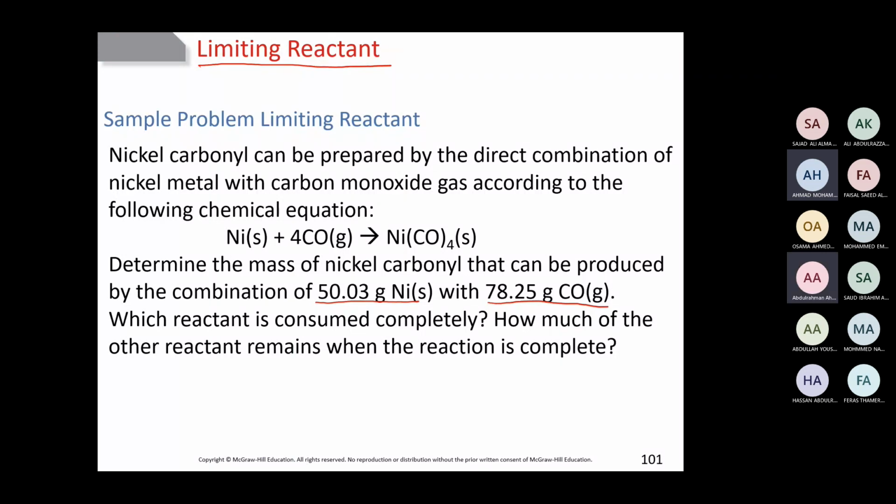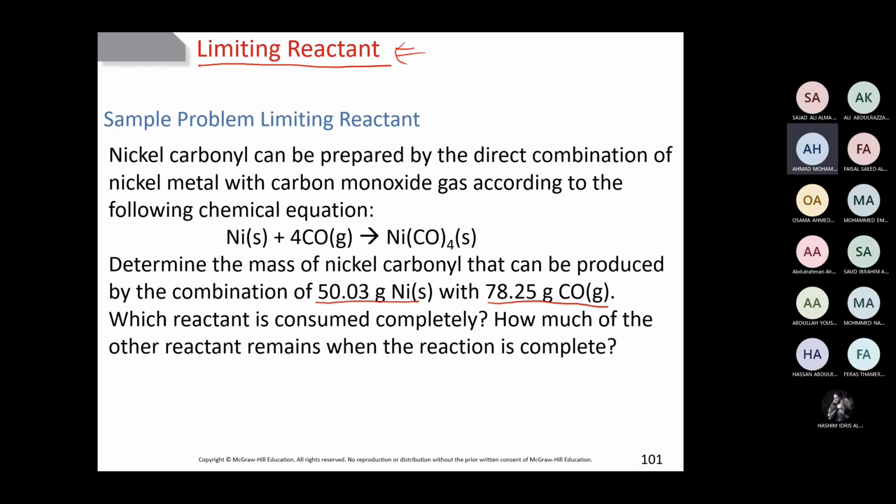If I give you the mass of every reactant, this means there must be a limiting reactant. And that's why we need to know which one is the limiting reactant. How can we tell that? How many moles of nickel? We have to write the reaction: nickel plus 4CO to give you nickel carbonyl.